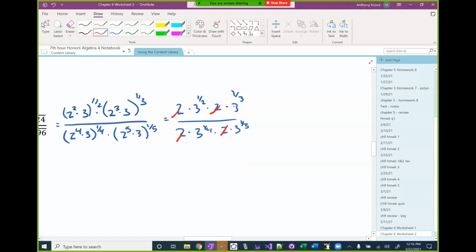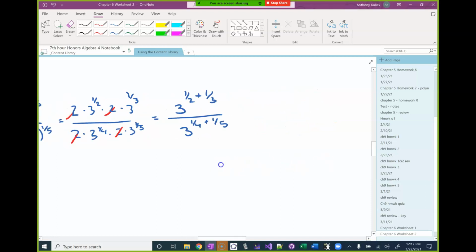So if I multiply the numerators together, I'm going to have 3 to the 1/2 plus 1/3. And the denominators, I'm going to have 3 to the 1/4 plus 1/5. And if I divide them, I'm going to have 3 to the 1/2 plus 1/3 minus 1/4 minus 1/5.